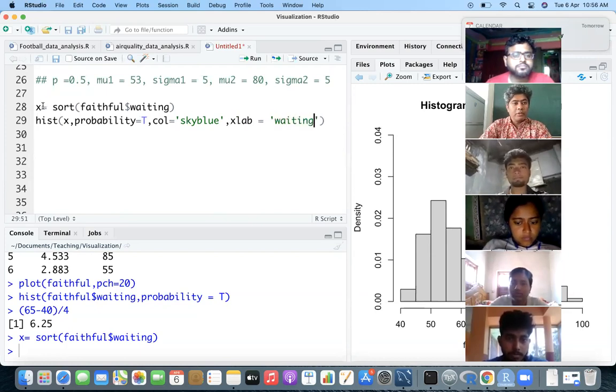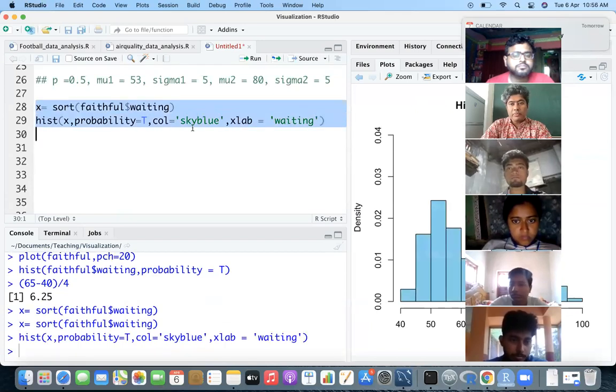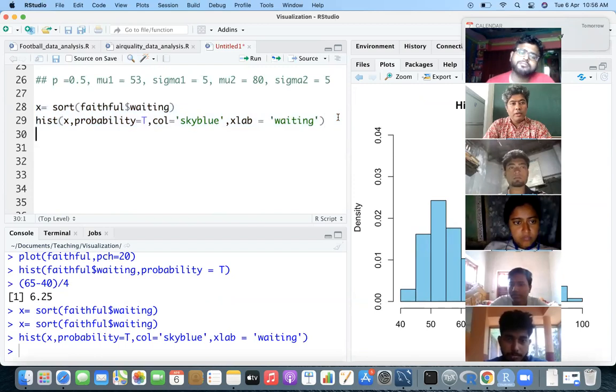Okay, so let me redraw the histogram, and then let's draw the lines.